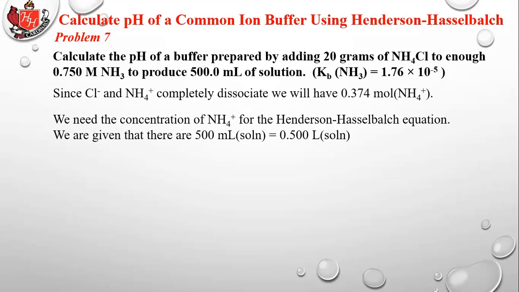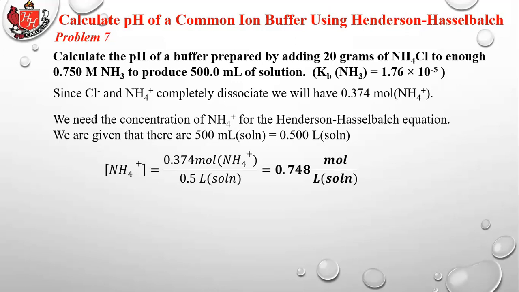We are given that there are 500 milliliters of solution. And again, learn to do this conversion quickly. Slide the decimal 3 places to the left. That's 0.5 liters of solution. Why? Because most measurements in a chemistry lab are done in milliliters, but molarity is in liters. So you're going to have to quickly make that conversion many times when you do this type of chemistry.